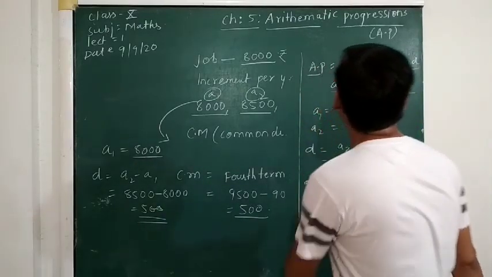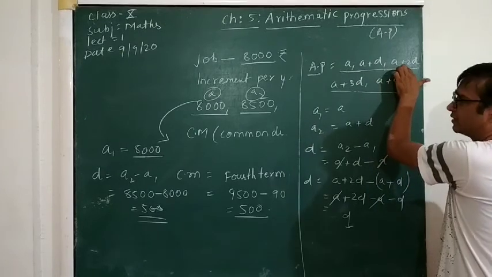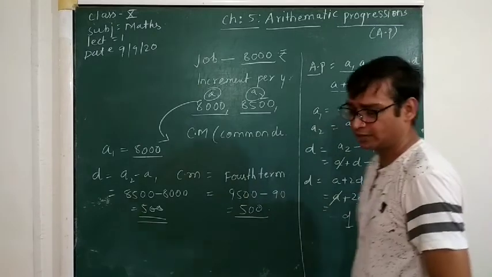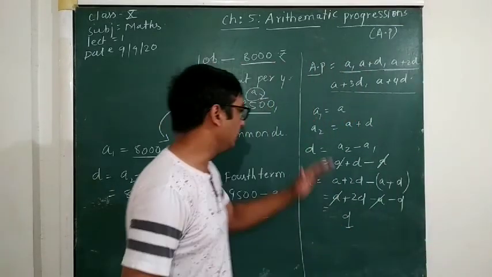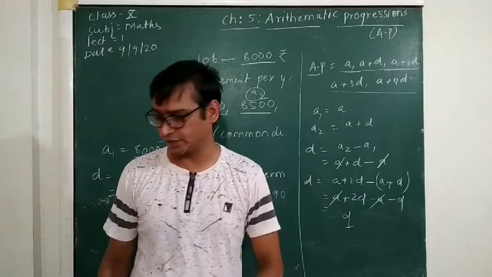A plus D means the second term, A plus 2D the third term, A plus 3D the fourth, A plus 4D the fifth term. This is the pattern of arithmetic progression.